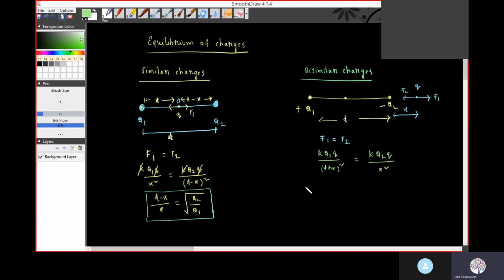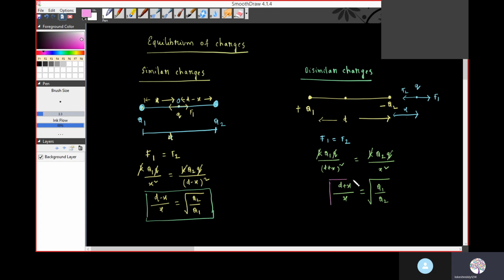Here also k and k get cancelled, q and q get cancelled. So (d plus x) by x is equal to square root of Q1 by Q2.